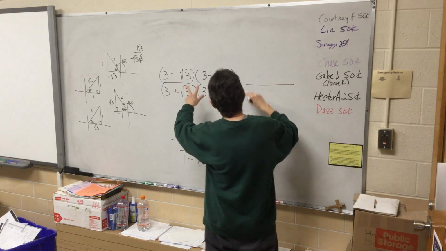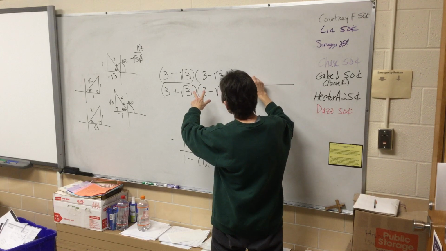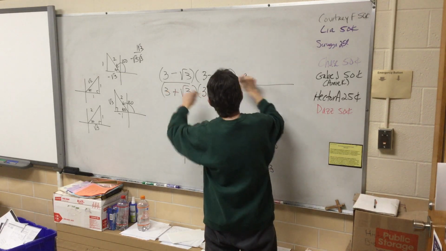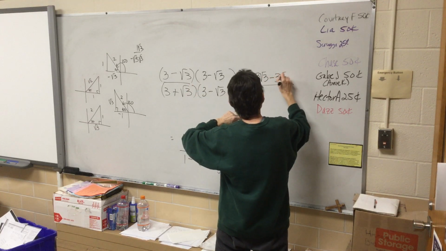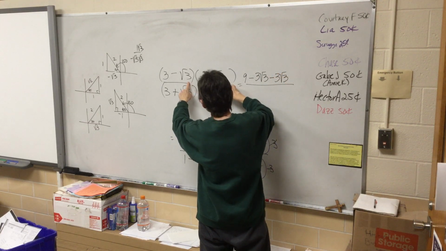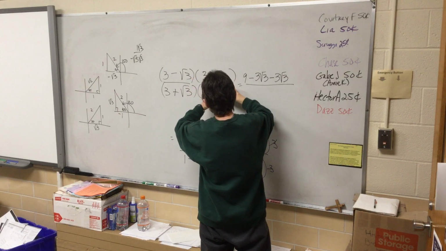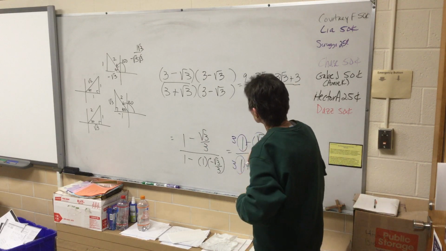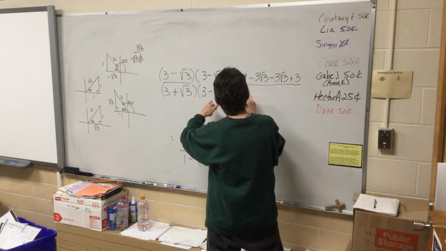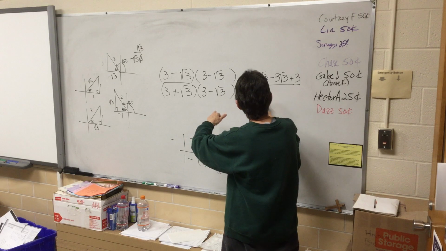So on the top, I'm going to get 9 minus 3 root 3, 3 root 3, and then remember, when you multiply two negatives, you're going to get positive, and when you multiply root 3 times root 3, you just get 3. And on the bottom, same thing. I'm foiling.